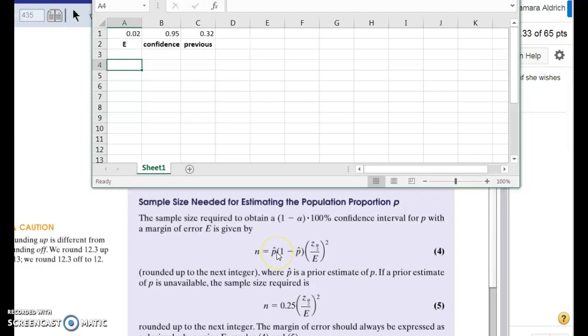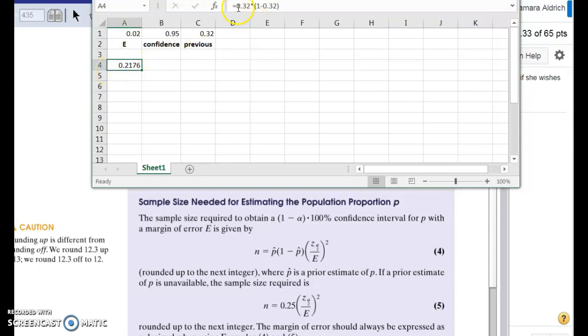We're going to take our previous estimate and multiply it by 1 minus our previous estimate. So we're going to do 0.32 here times 1 minus 0.32. And you could see what that comes out to, or you could just continue to string the formula along and write it all together. I like to break it up in little chunks just to make sure I'm not, if I type too much at once, it's easy to make a typo.